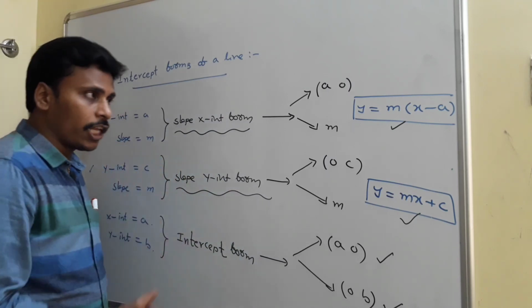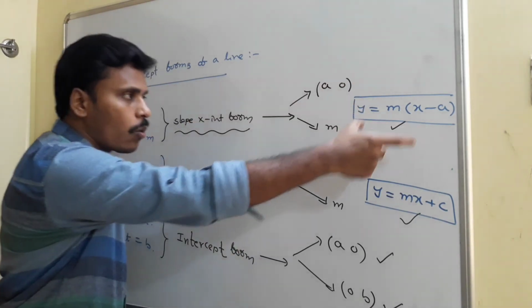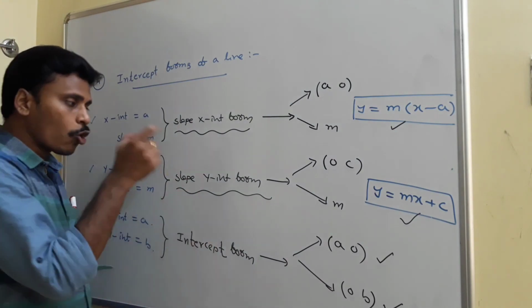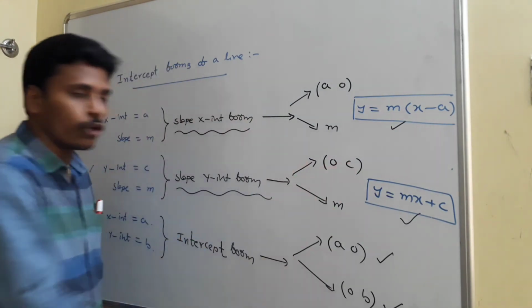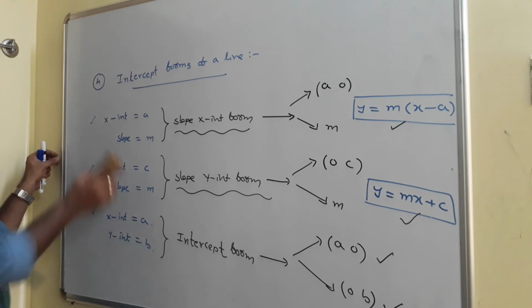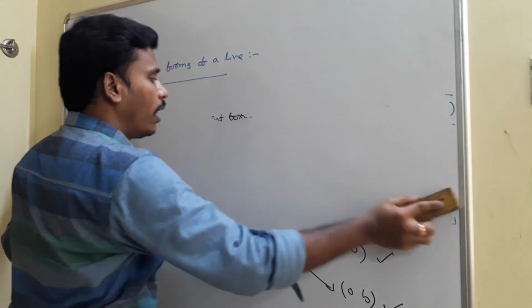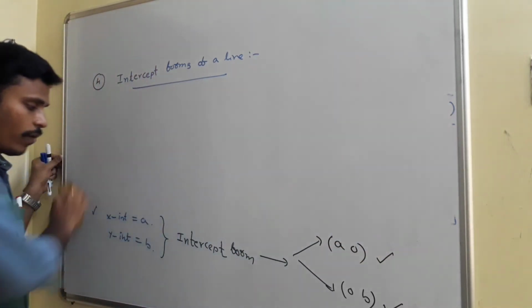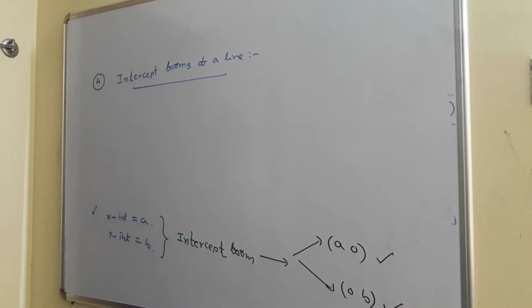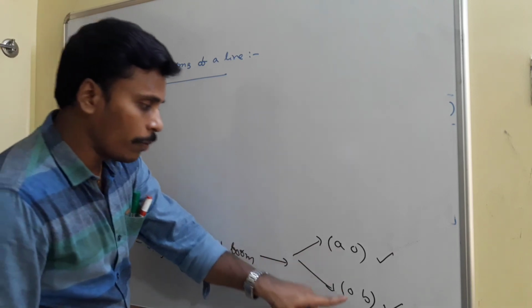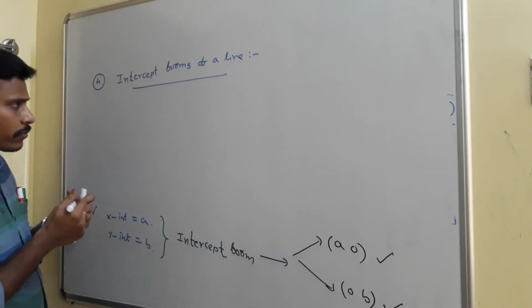Once again, I am repeating: the slope x-intercept form is y = m(x - a). The slope y-intercept form is y = mx + c. And now I am trying to find the intercept form. For the intercept form, the x-intercept and y-intercept are given. Using these two points, I am going to find the equation, as we did in the last class.